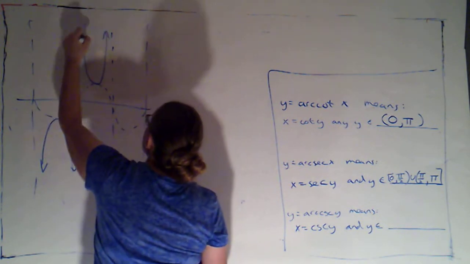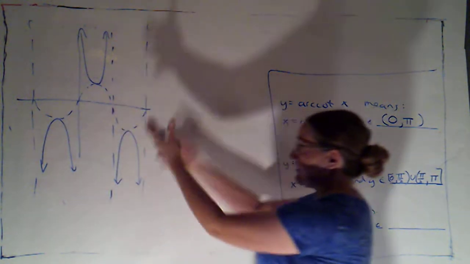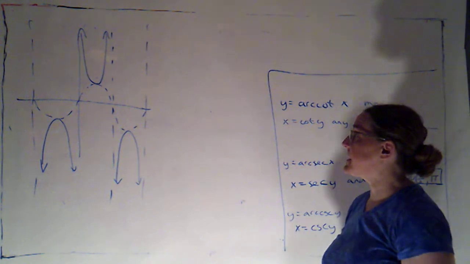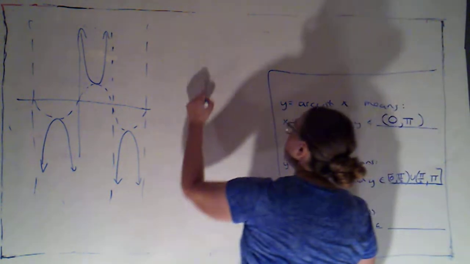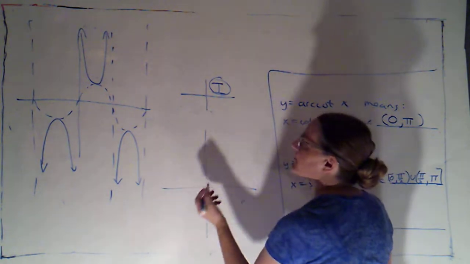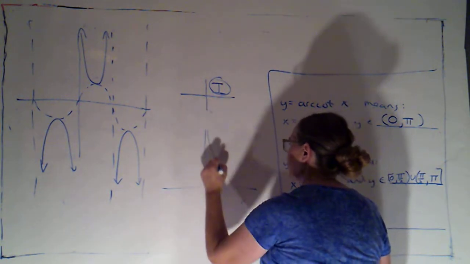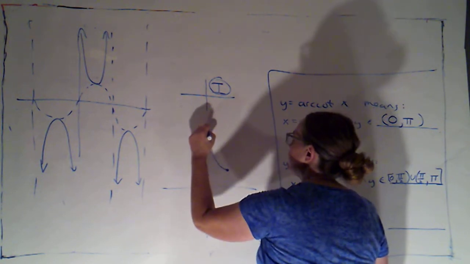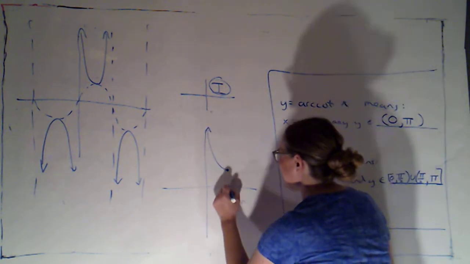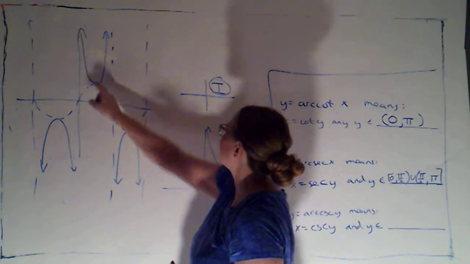And again, I don't have a connected graph. The positive part doesn't touch the negative part. Now, thinking in terms of quadrants, we always keep the standard copy of quadrant 1. That's going to be from 0 to pi over 2. This would be where I'm at pi over 2. That's this low point on the graph of cosecant.